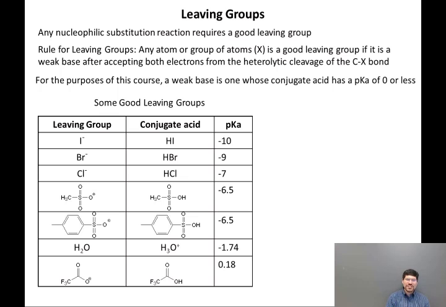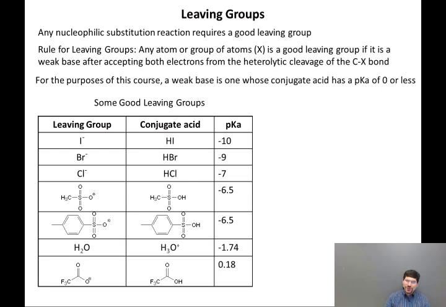The first one is called a methane sulfonate, which is sometimes shortened to mesylate, and the second is a paratoluene sulfonate, which is sometimes shortened to tosylate. The conjugate acid for the first one is methane sulfonic acid. The conjugate acid of the second one is paratoluene sulfonic acid, and both of these acids are strong acids and have pKa's of -6.5.